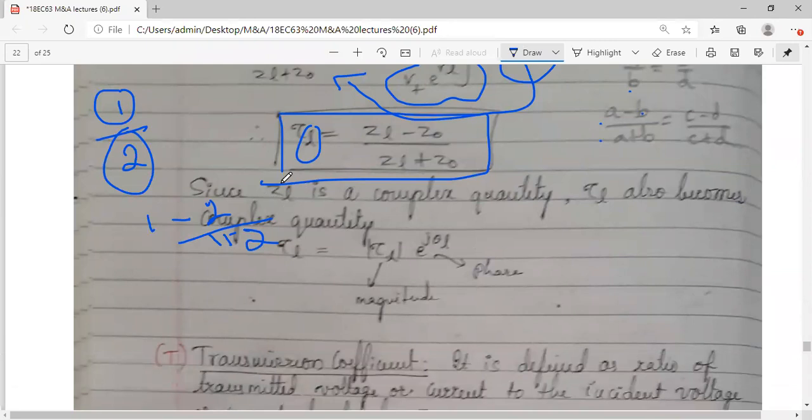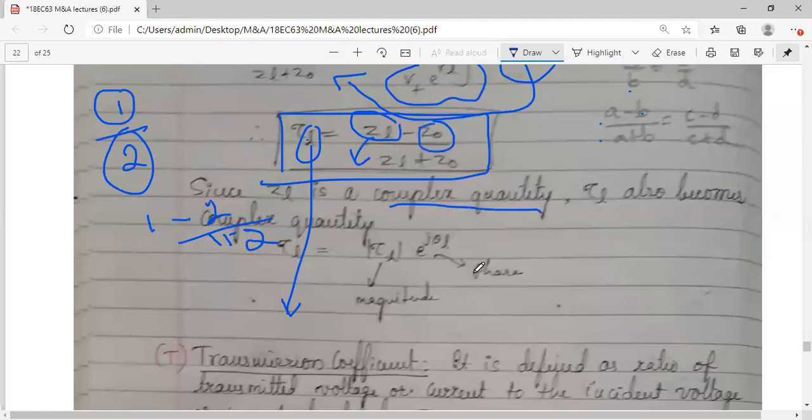And further, this tau L, when we are talking about the reflection coefficient, we are talking in terms of waves. Electromagnetic waves have their amplitude and phase. So if you see tau, it has ZL and Z naught. ZL is the load impedance, and load impedance is a complex quantity.